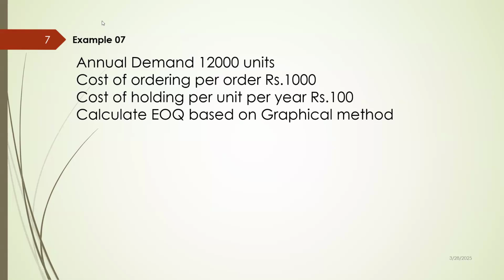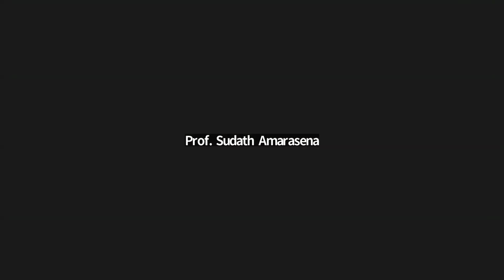Okay, how can we make the answer? Let's go to the whiteboard. I'll explain. 12,000 demand, ordering 1,000, holding 100. First, we should identify, with respect to Q, TOC, THC, and combine both as TC.